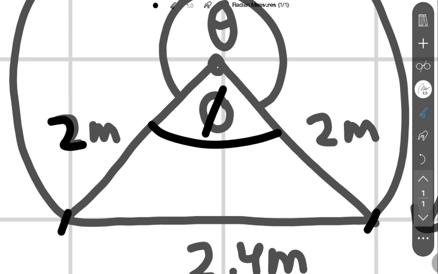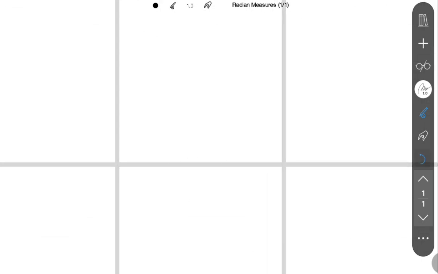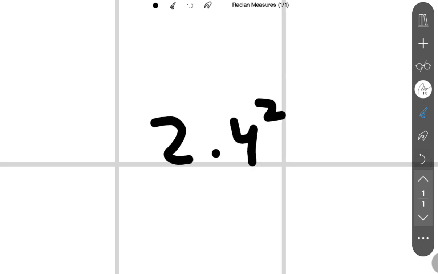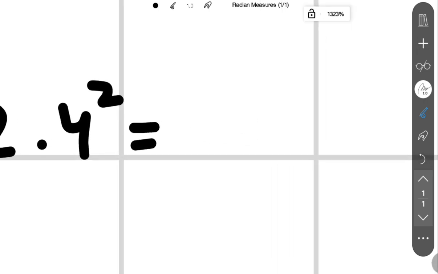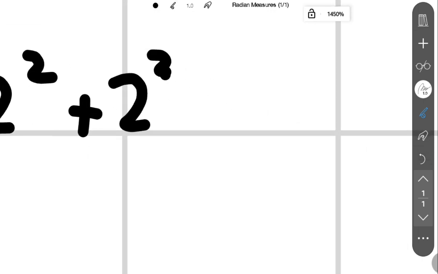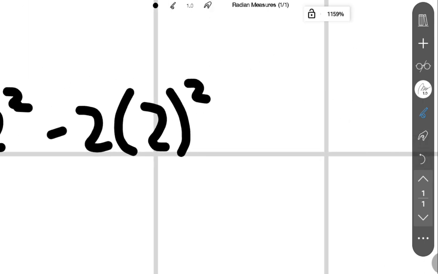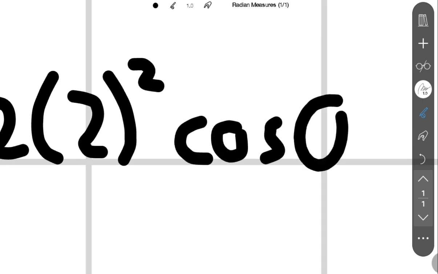The way we can find phi is through the cosine rule, which states 2.4 squared. I'll just go straight in with the numbers, equals 2 squared plus 2 squared minus 2 times 2 times 2 cosine phi. And phi obviously will have to be in radians. So before we do so, we have to make sure that our calculator is set to radian mode.